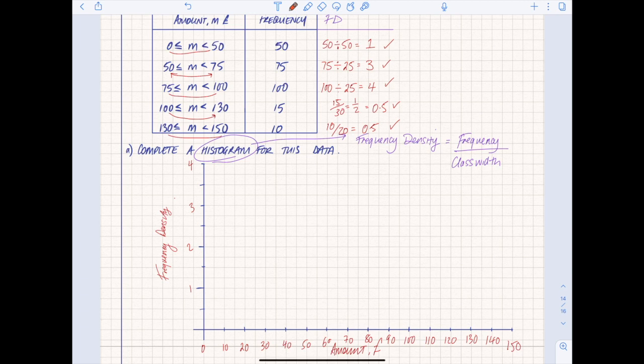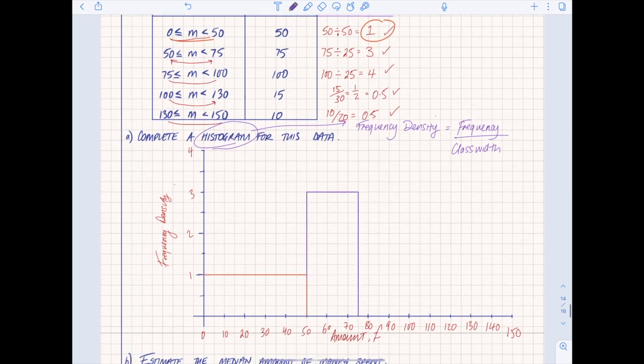The first one has to go from 0 to 50 and to 1. So you're plotting the width against the frequency density. So 0 to 50, I go up to 1. So my first bar would look like this. Okay. My second bar, 50 to 75, so a little bit of a shorter bar, and I'm going up to 3. So that's 75 down there.